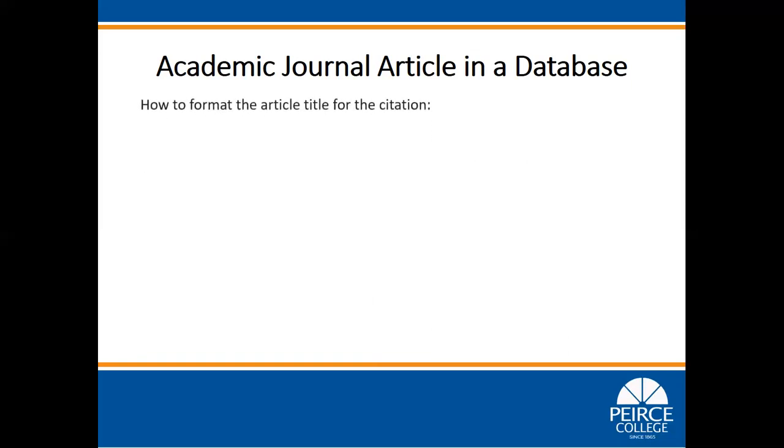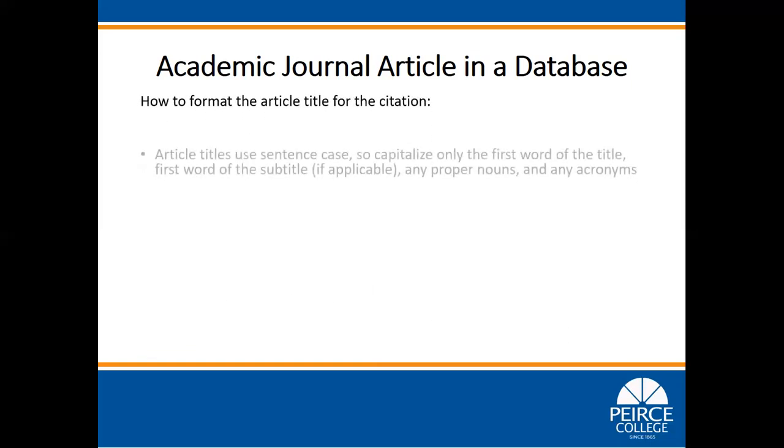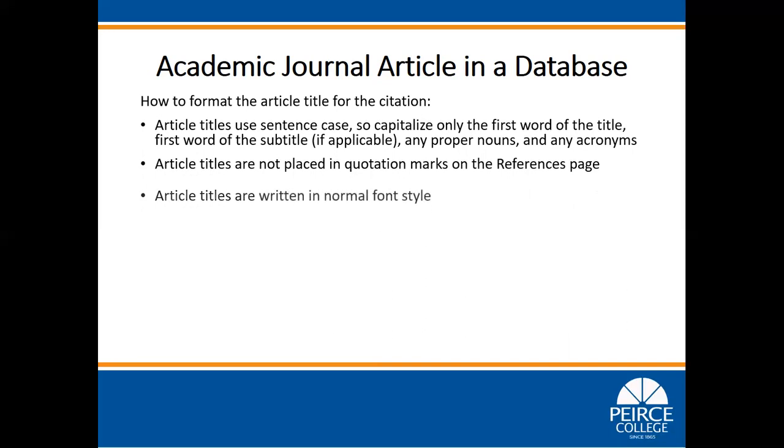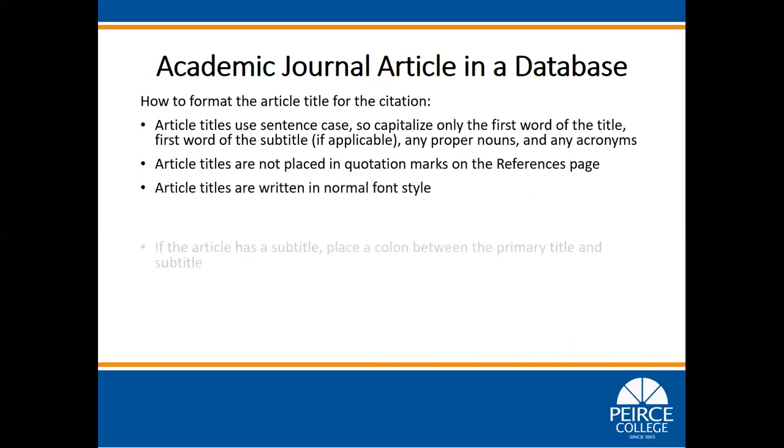How to format the article title for the citation. Article titles use sentence case, so capitalize only the first word of the title, the first word of the subtitle if applicable, any proper nouns, and any acronyms. Article titles are not placed in quotation marks on the references page. Article titles are written in normal font style.